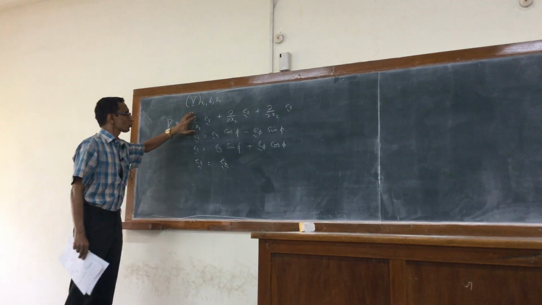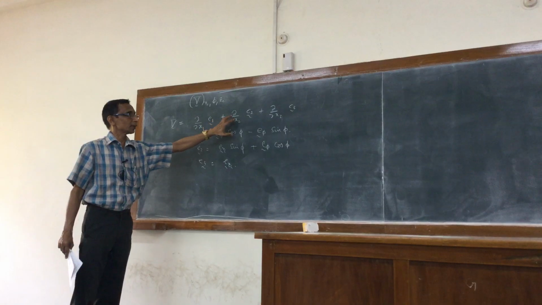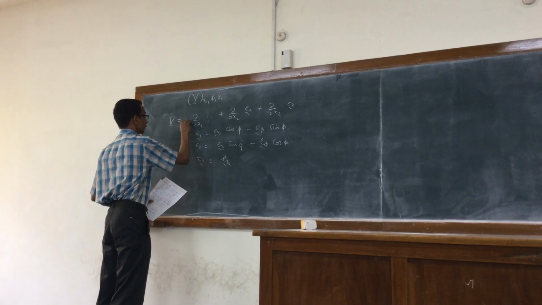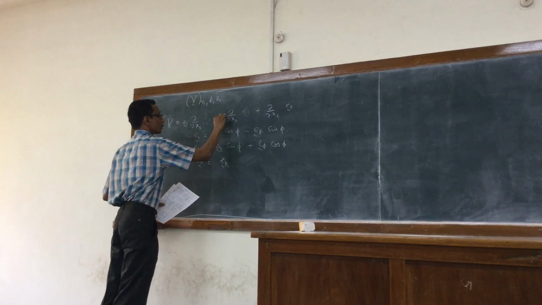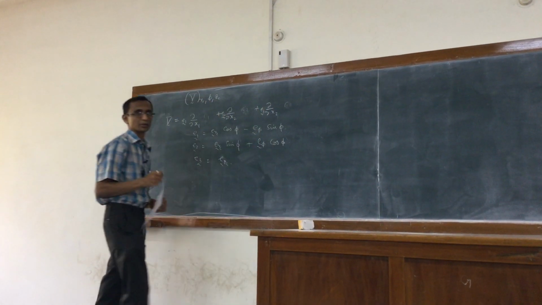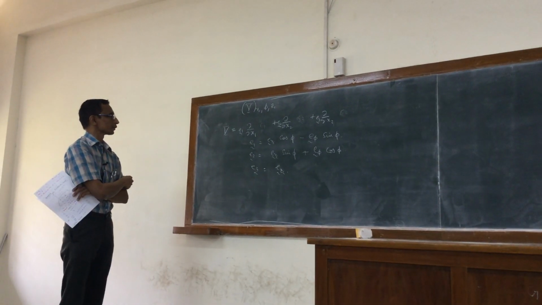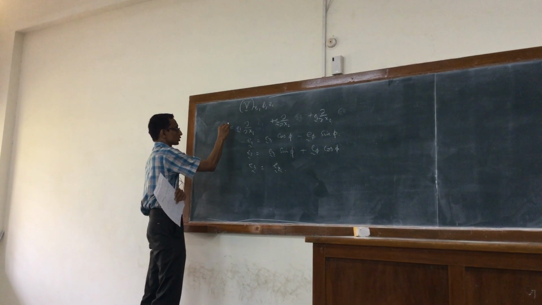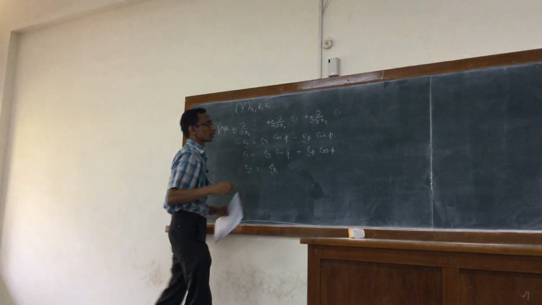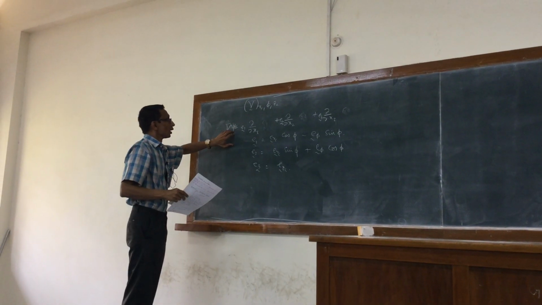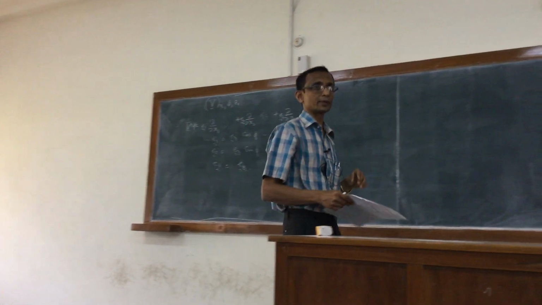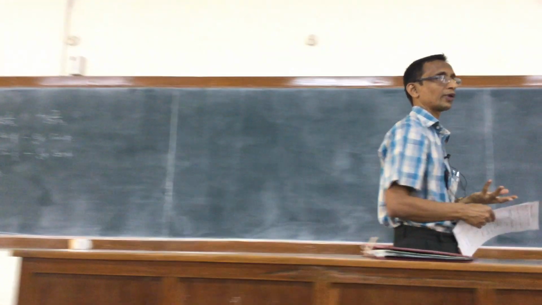Now we need expressions for the operators d by dx1, d by dx2, and d by dx3. It is better to write this as an operation. We can operate on a function psi, let us say a scalar psi. When this is operating on psi and it's expressed like this, the psi needs to be expressed as a function of x1, x2 and x3.